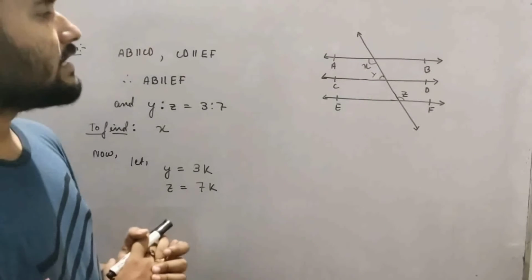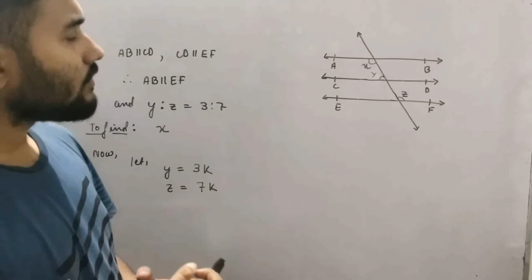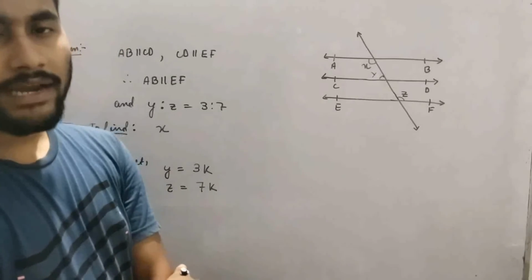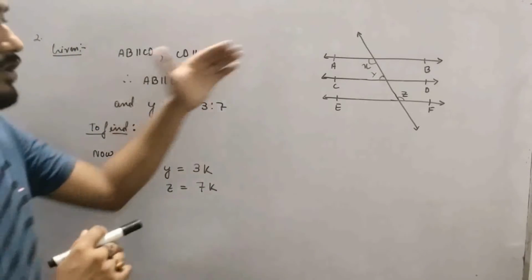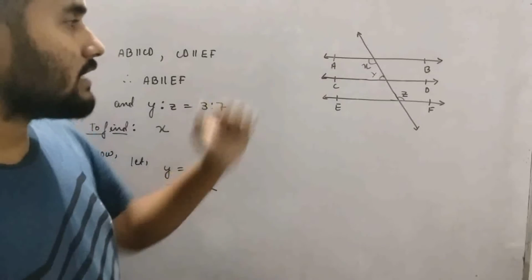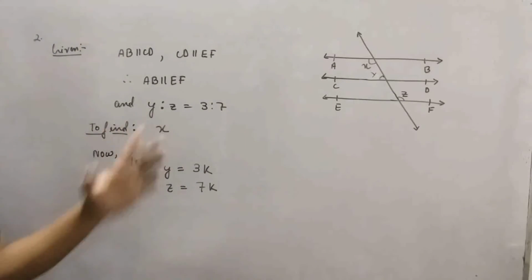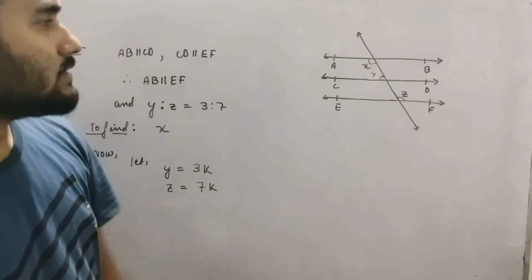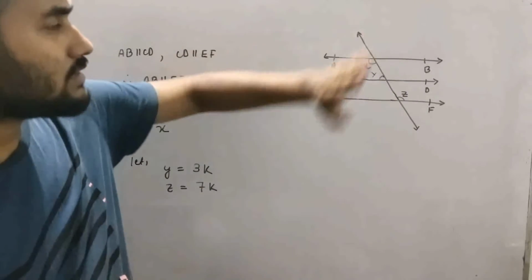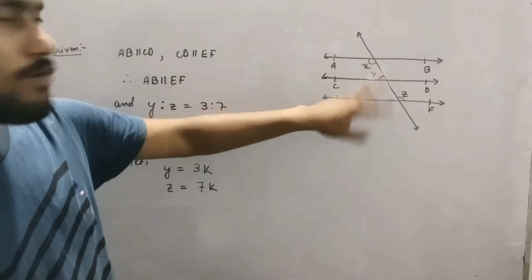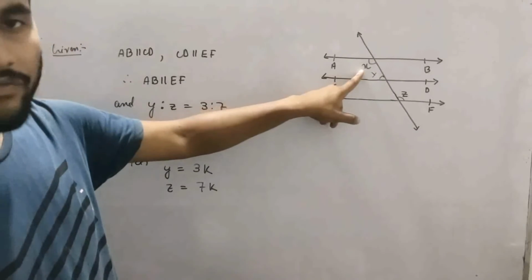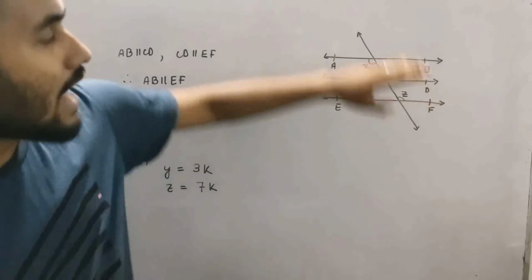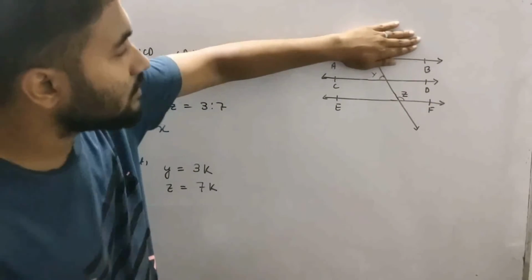Is there any relation between x and y? Is there any relation between x and z? Is there any relation between y and z? So you see the diagram. We have already discussed this diagram before starting the exercise. Somehow you need x over here. Now y and z, if I see, are they alternate angles? Definitely they are not corresponding angles, because y is on the left side, z is on the right side. So it looks like alternate. Are they alternate angles?